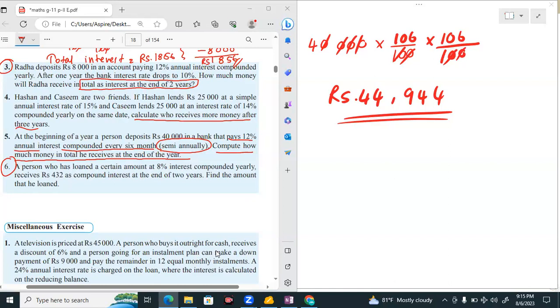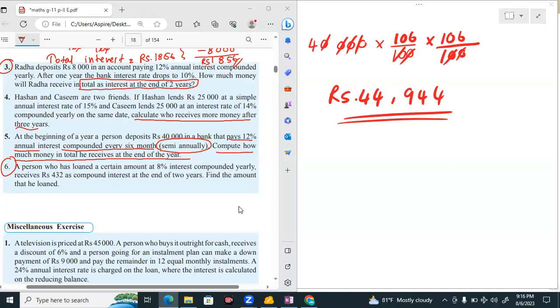Okay, Pute. In the sixth question, they have asked: a person who has loaned a certain amount at 8% interest compounded yearly receives 432 as compound interest at the end of 2 years.